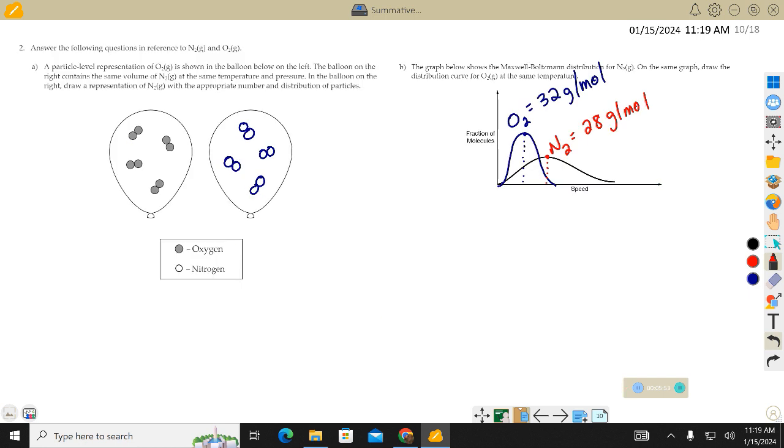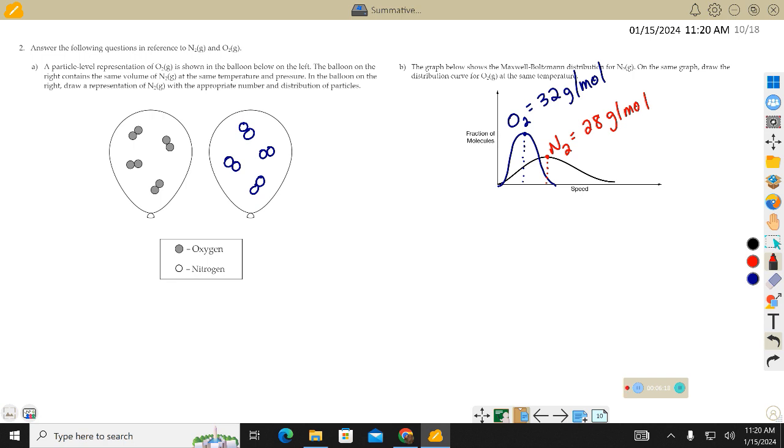Question 2 has us comparing nitrogen and oxygen gases. In part A, I have a particle level representation of oxygen shown in the balloon on the left. The balloon on the right contains the same volume of nitrogen at the same temperature and pressure. In the balloon on the right, we want to draw a representation of nitrogen with the appropriate number and distribution of particles.